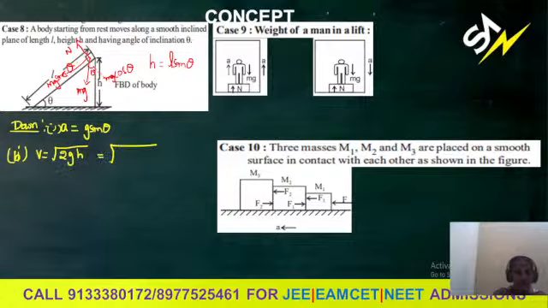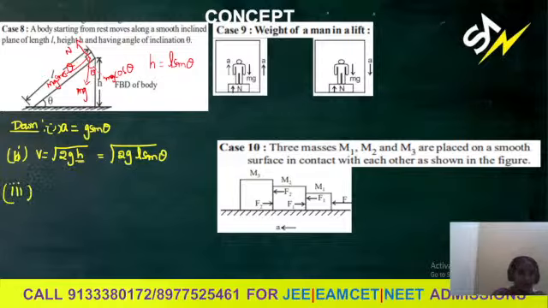But it travels the length of the inclination, so we need to write height in terms of L, which gives root of 2gL sin theta. That is the speed of that object when it reaches the bottom of the inclination.